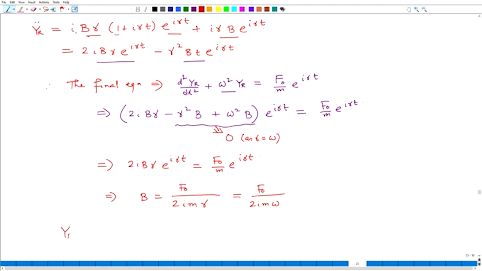Now y r is equal to f0 t by 2i omega m, e to the power i omega t, and if you now take the real part, for our purpose we need x, which is real of y r, and which will now be, one can easily see, equal to, once again, f0.